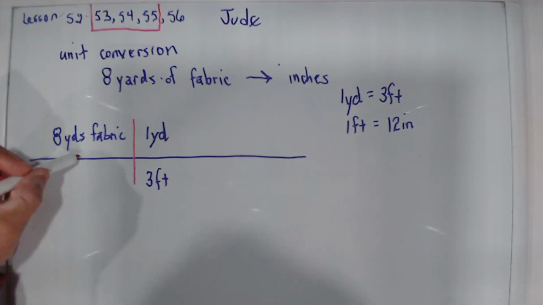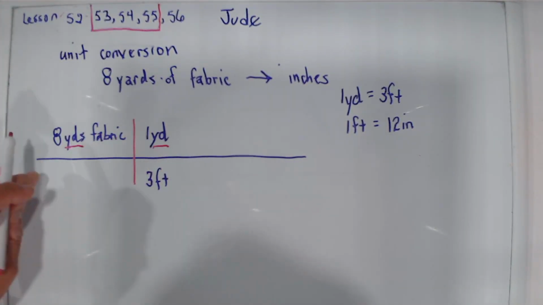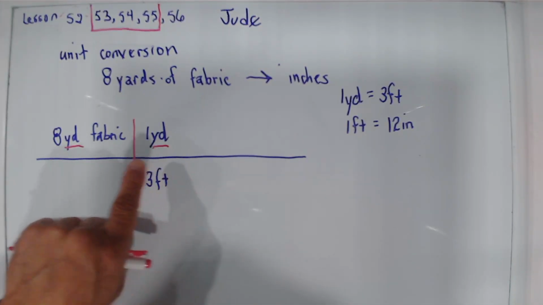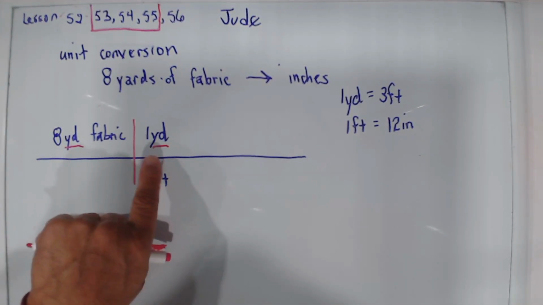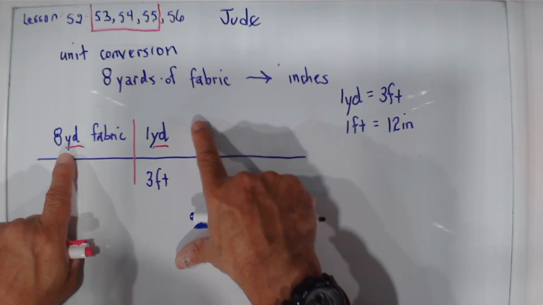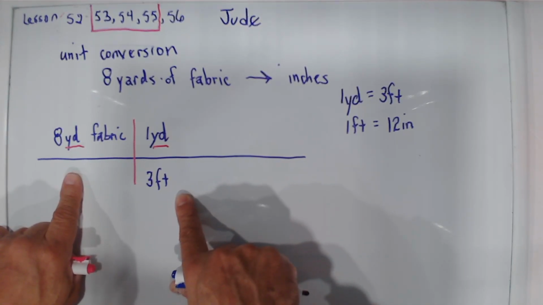Let's see, I've got yards here, and I've got yards here. If I tried to use this, I'd end up with yard squared, because it's yard times yard, which gives me yard squared over feet. That's not what I want.